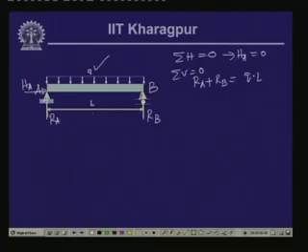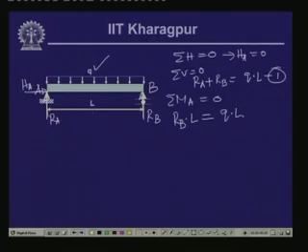Let us call this equation 1. Now, if we take the moment of all the forces with respect to A, moment about A equals 0, we have RB into L, in the anti-clockwise direction, equals Q times L, in the clockwise direction, times L by 2.